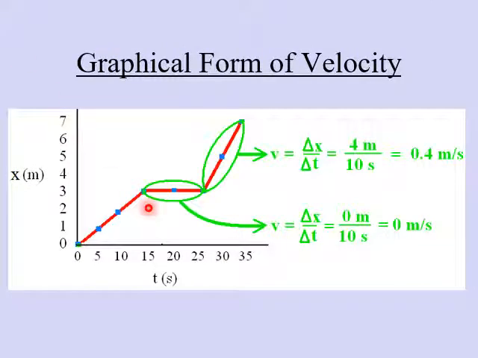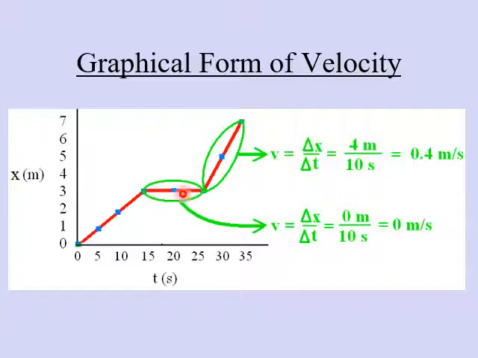Now we can continue by analyzing the rest of the motion of our ladybug. Remember, once she got to 3 meters right here, what did she do? Well, she just sat there and rested for a total of 10 seconds. Notice her position here, 3 meters, stays the same at 15 seconds, at 20 seconds, and all the way up to 25 seconds.